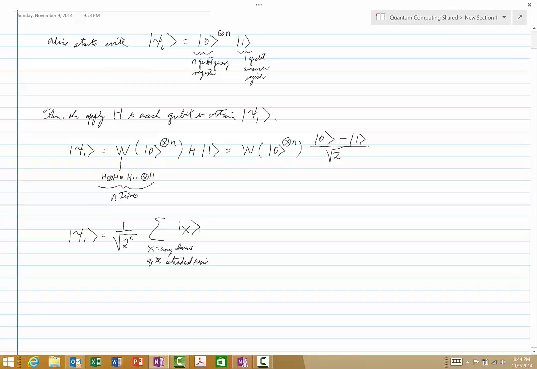Now this part right here, this is the n qubit state consisting of all zeros, and then we need to bring down this part as well. So we get 0 minus 1 over the square root of 2. So this is the value for C1.